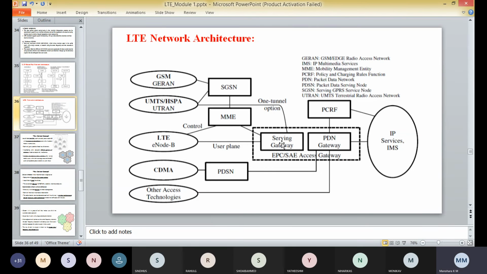It is also responsible for selecting the appropriate serving and PDN gateways, and selecting the legacy gateways for handovers.